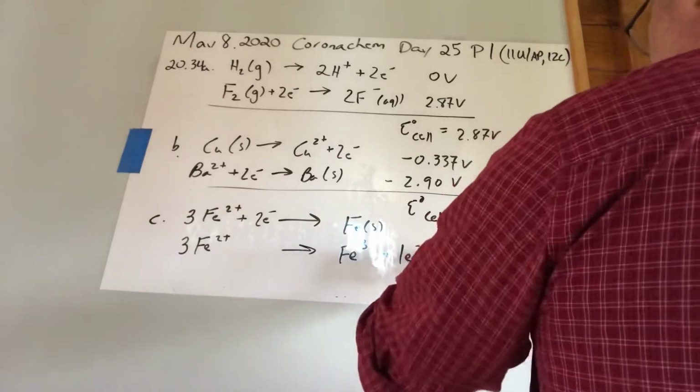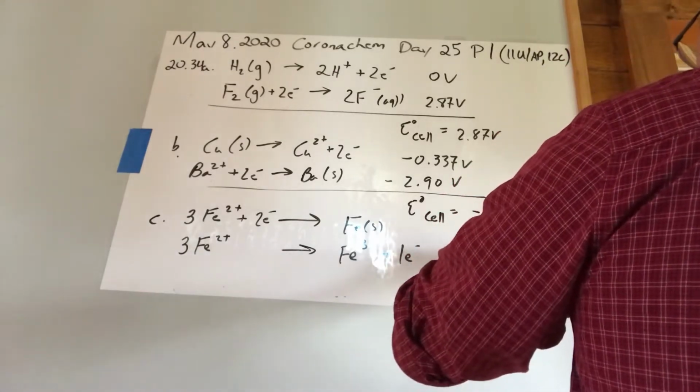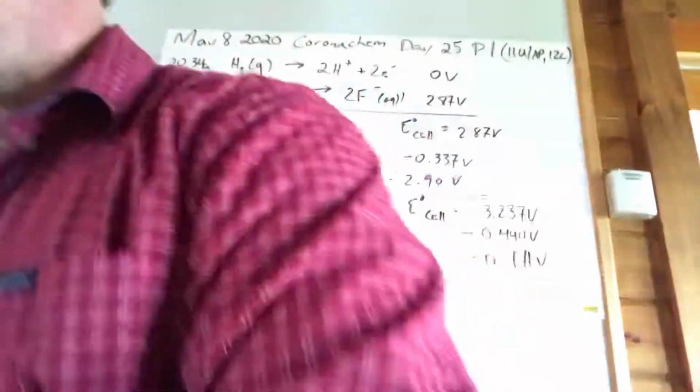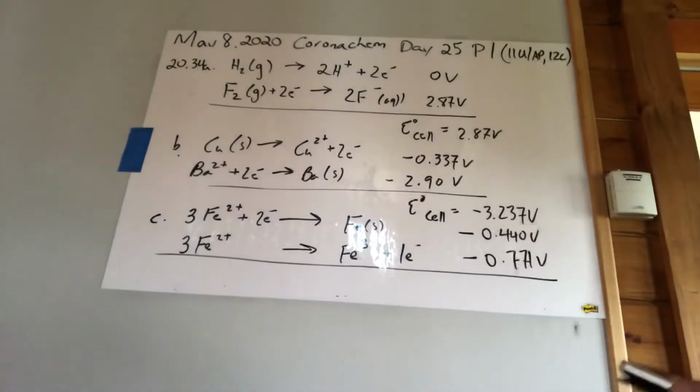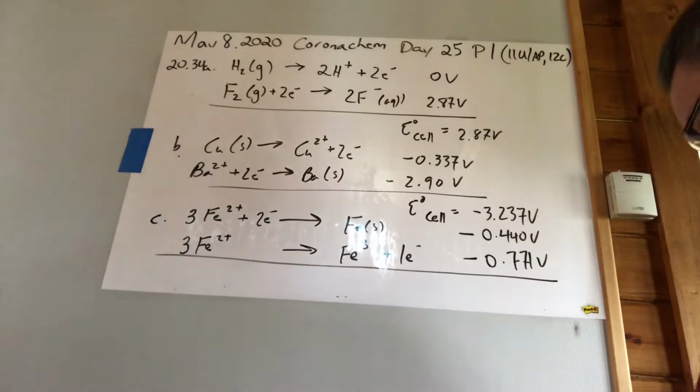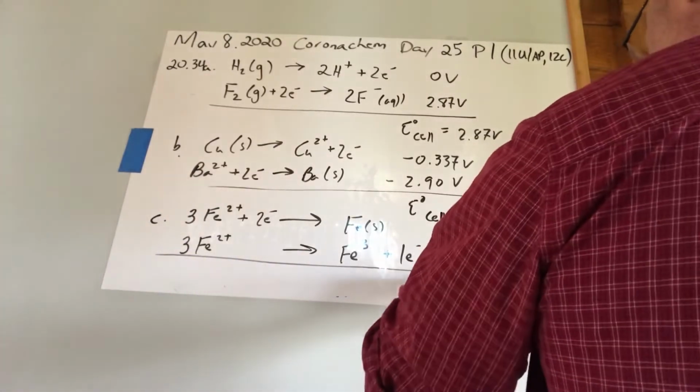So if you were to set up the reaction as written, the voltage would come out to negative 0.44 minus 0.771, it would be negative 1.211.